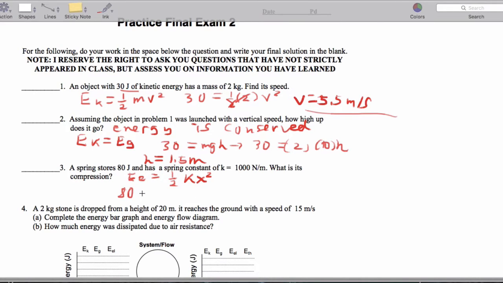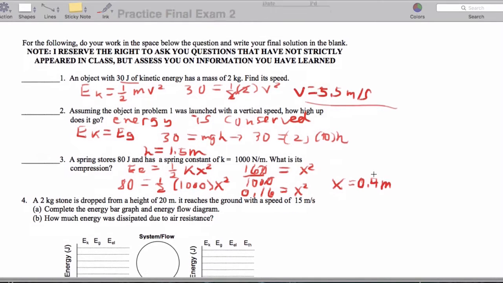So we're going to have 80 equals 1/2 times 1,000 times x squared. And that's going to be 160 divided by 1,000. So that's 16 divided by 100 is x squared. So 0.16 equals x squared. So x ends up being 0.4 meters. It's a pretty big spring. It's like 40 centimeters.